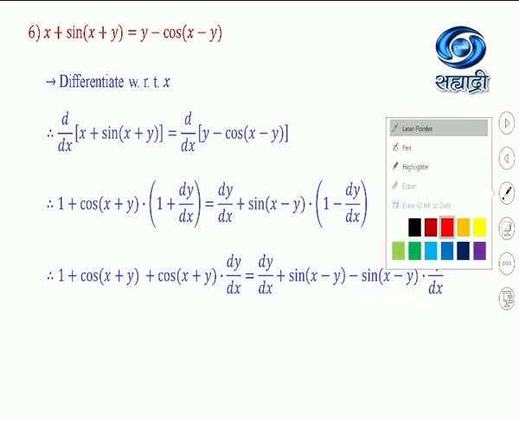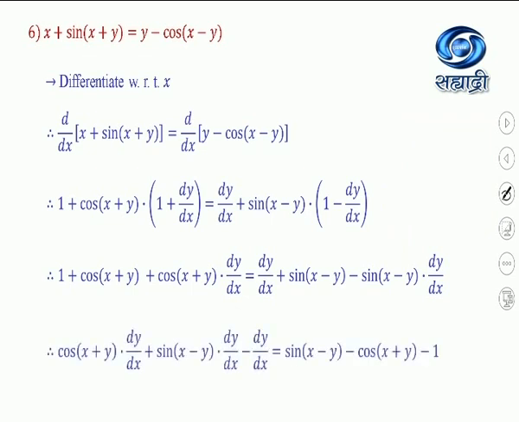Now our next step is this. We take this first term from right hand side to the left side and the last term also on the left hand side, and take these two terms on the right hand side. We will get this step. Cos x plus y into dy by dx plus sin x minus y into dy by dx minus dy by dx is equal to sin x minus y as it is.